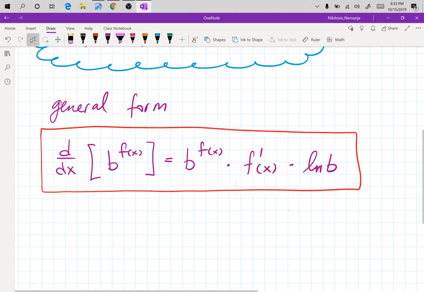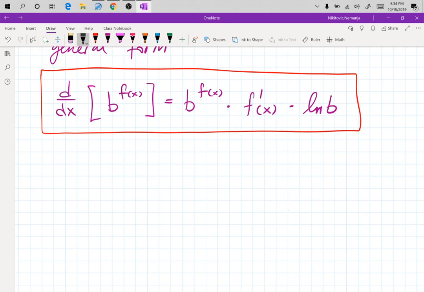So now, using the purple formula, find the derivative of 6 to the cosine x.